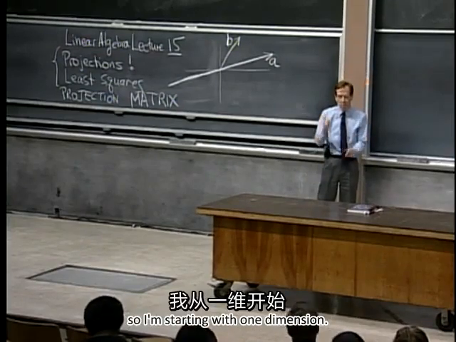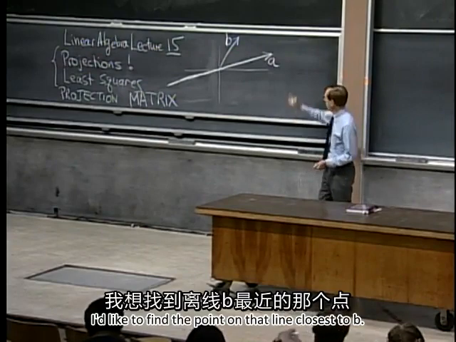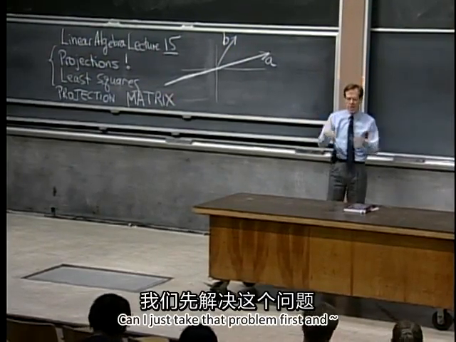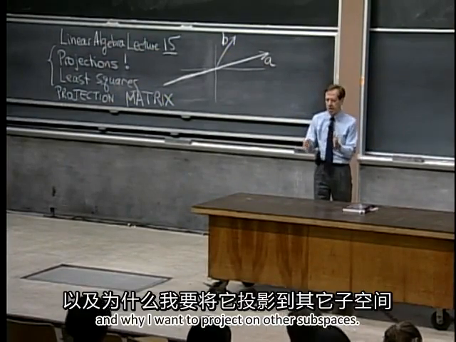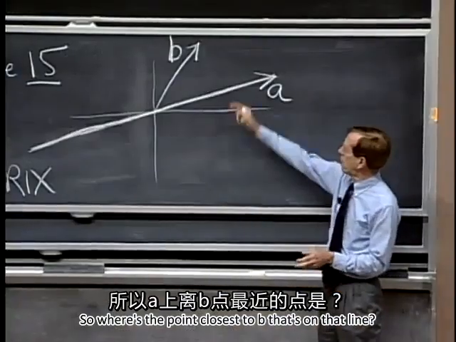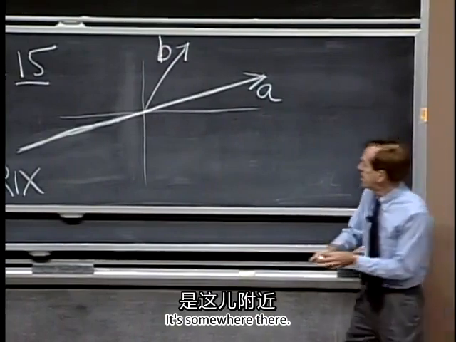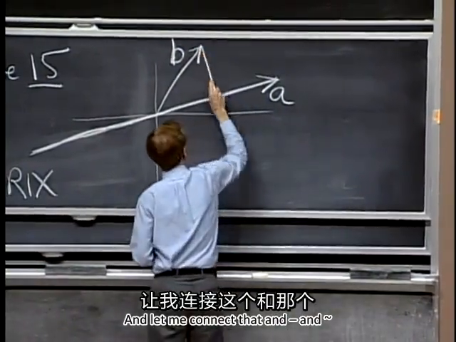So I'm starting with 1 dimension. I'd like to find the point on that line closest to B. Can I just take that problem first, and then I'll explain why I want to do it and why I want to project on other subspaces. So where's the point closest to B that's on that line? It's somewhere there. And let me connect that.